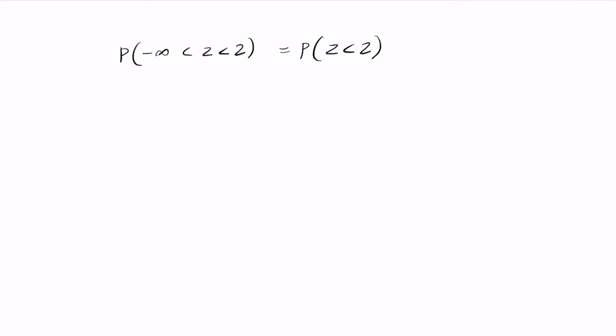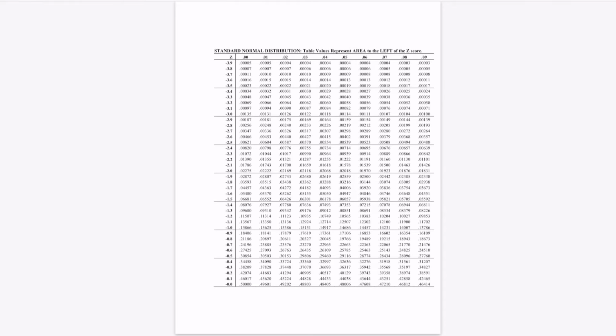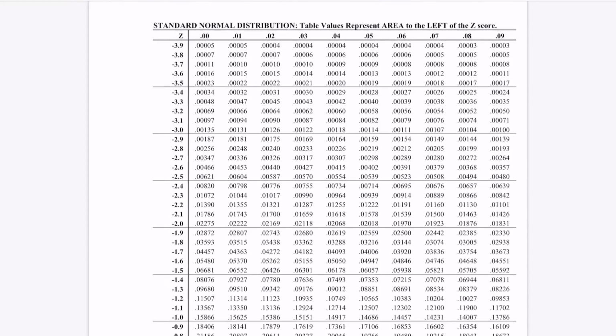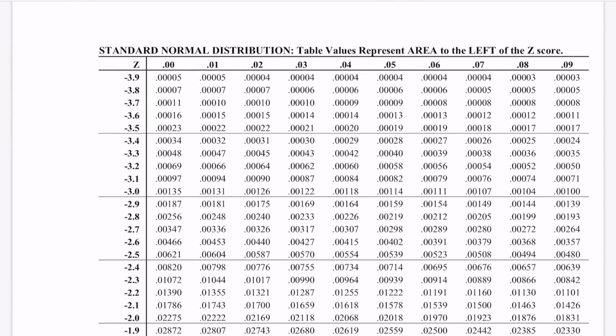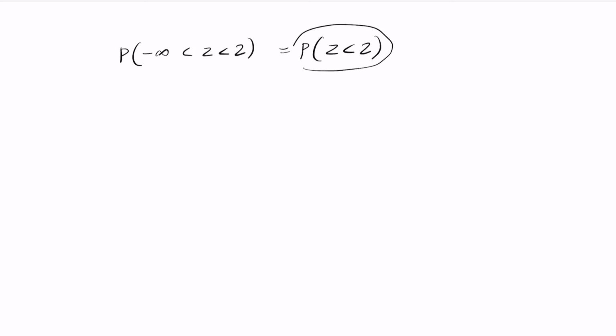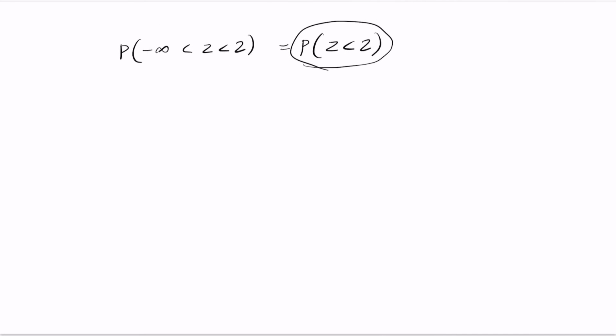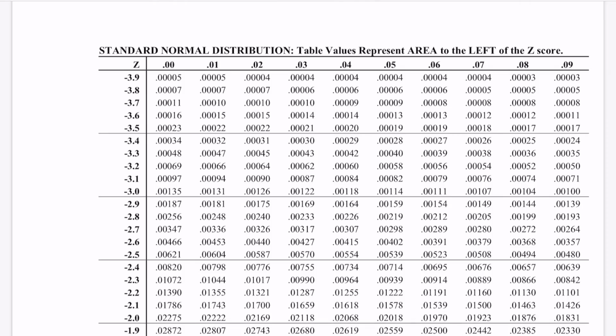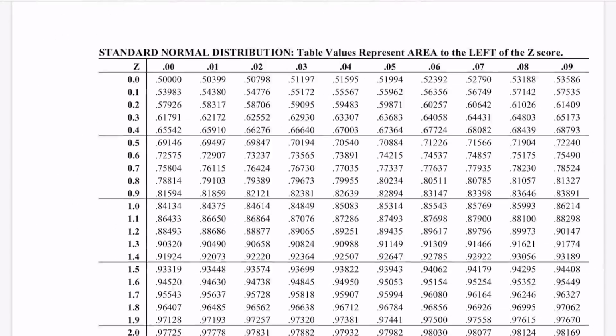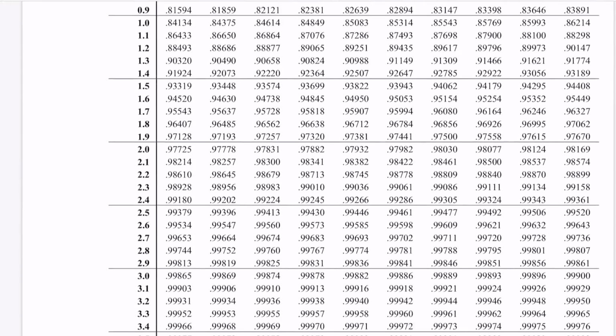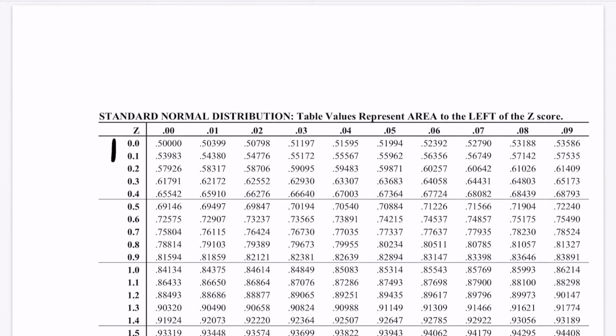So let me find the table first. What you see here is an example of a standard normal distribution table. Now we have to find the value for z less than 2. So in the normal distribution table, we have to find the value for 2. Notice the z column here and notice the second decimal column here.